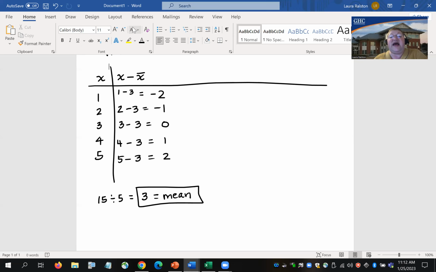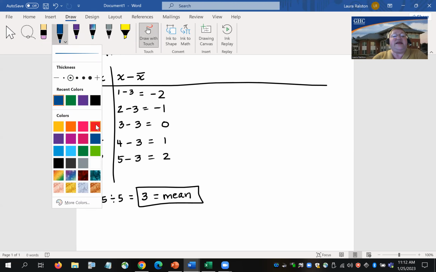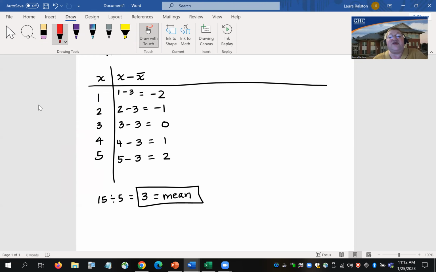So this shows me that I have some data values that are above, some that are below. But if I try to add those up to see what my difference is overall, -2 plus -1 is -3, plus 0 is still -3, plus 1 is -2, plus 2 is 0. So I get a value of 0, which implies there's no difference in those data values.